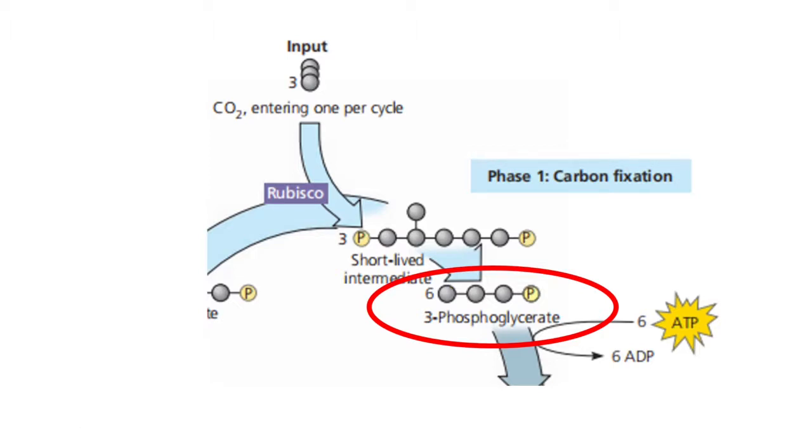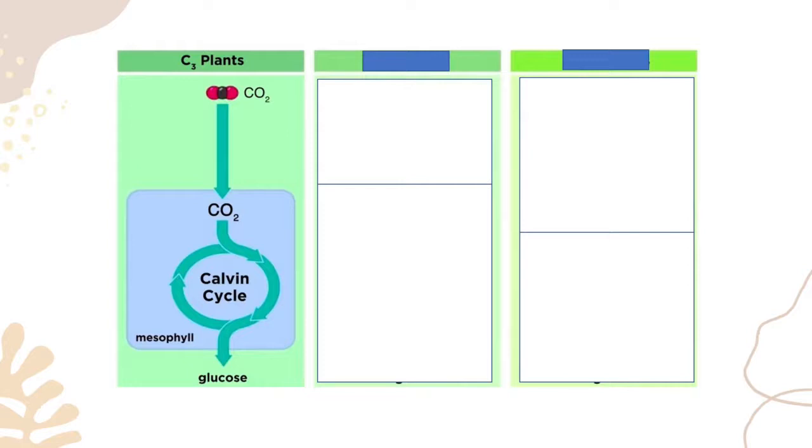But of course, the problem is that they are not adapted to high temperature. So the next two pathways will show us two ways by which different groups of plants are able to adapt to high temperature. The first one is the C4 plant. This is the second alternative pathway to carbon fixation.